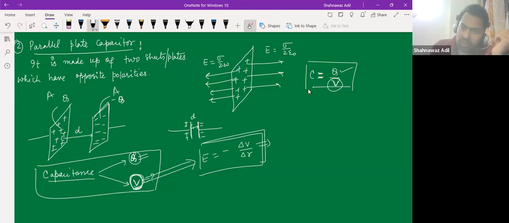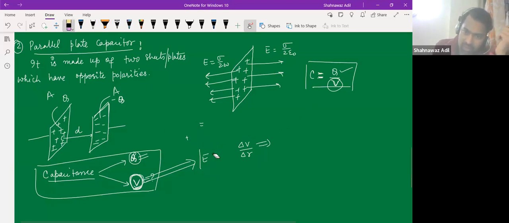Before we do that, what are the things that we know about this parallel plate capacitor? To calculate the capacitance, we need this Q, we need this voltage, and this is what we are trying to find out.